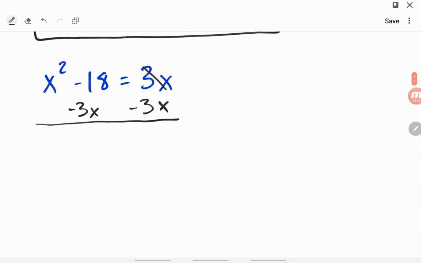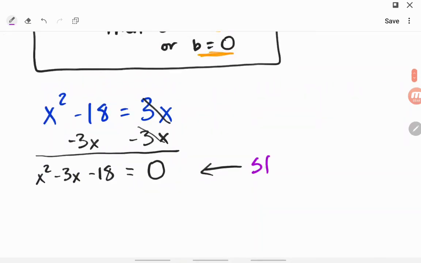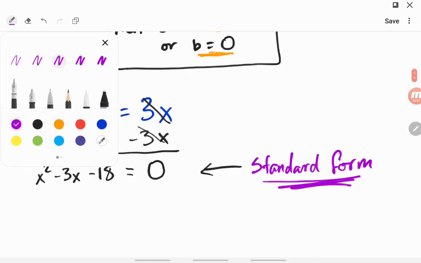What this does is 3x minus 3x gives me 0. And what do I have on the left side? I now have x squared minus 3x minus 18. That's equal to 0. This right here is written in standard form. That's what we want. We want to get it in standard form.